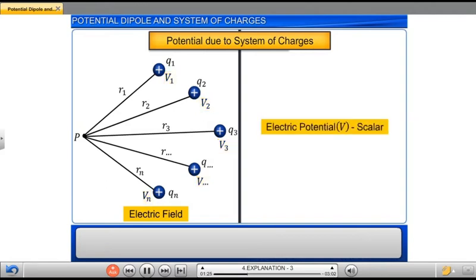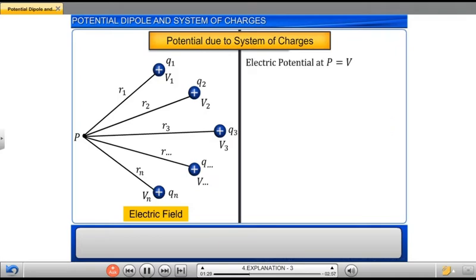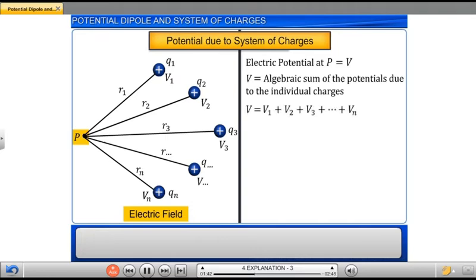Since electric potential is a scalar quantity, the net electric potential V at point P will be equal to the algebraic sum of the potentials due to the individual charges. Thus, V = V1 + V2 + V3 and so on up to Vn.